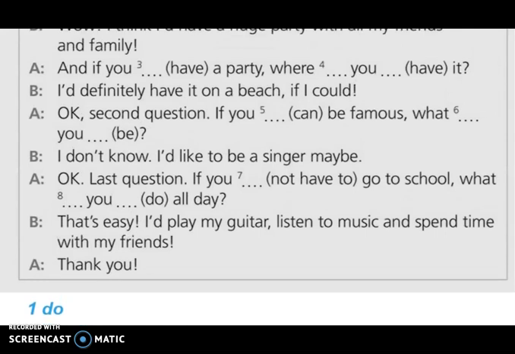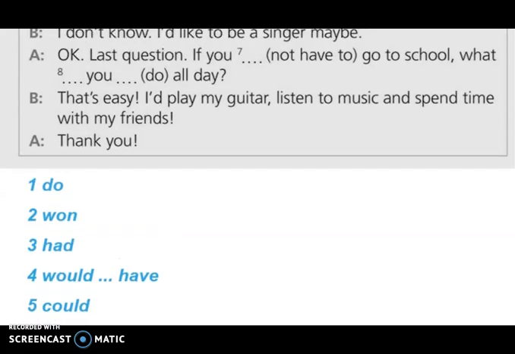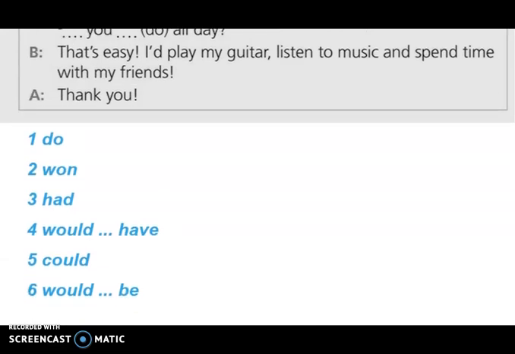Next one, which is number 5, if you, with the if part we use past simple, so if you could be famous, what would you be? The verb in the would part must be infinitive, so could and would be.